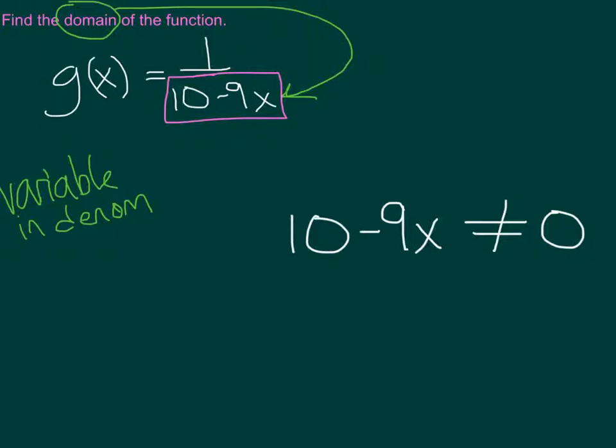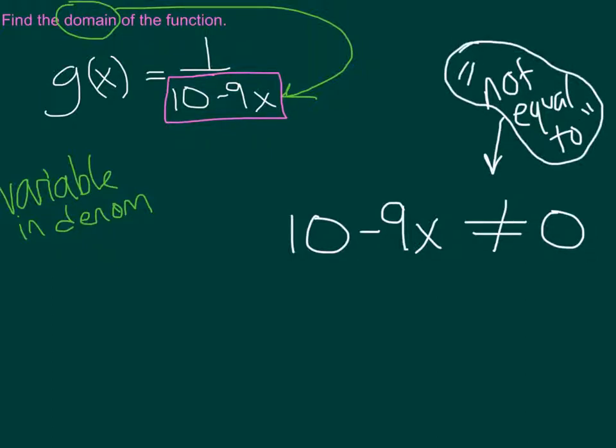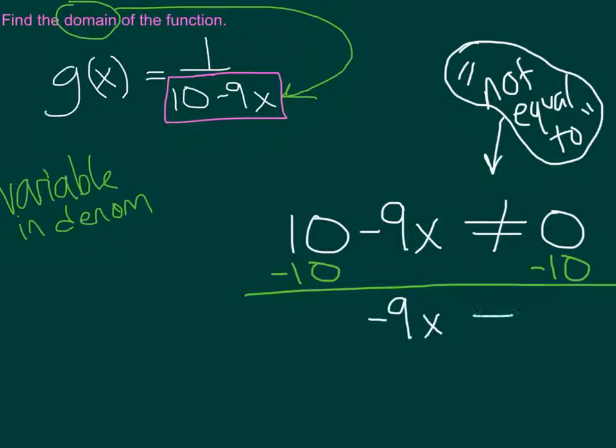We're just going to do a little bit of algebra in order to figure out what that x is. This works just like an equation, even though we're saying not equal to. That's what that equal sign with the line through it means. In order to get x by itself, we've got to get rid of that 10 first, so we subtract 10 from both sides. Now we've got negative 9x is not equal to negative 10.